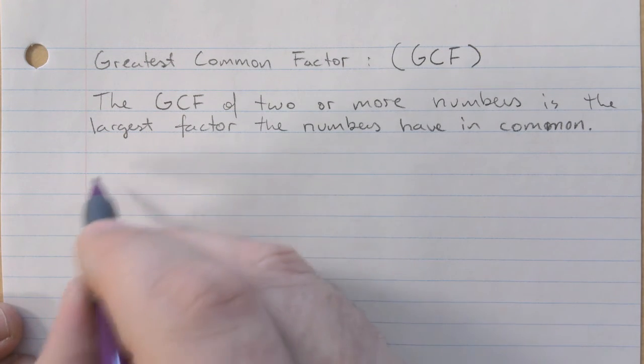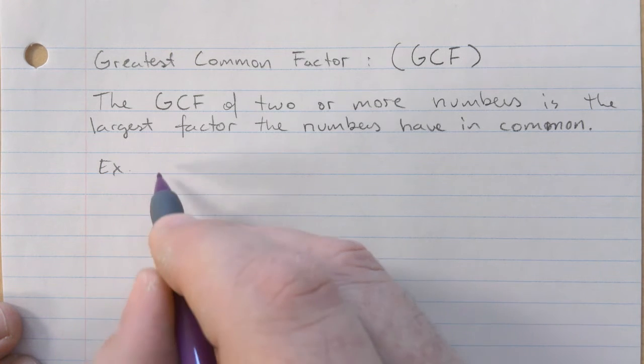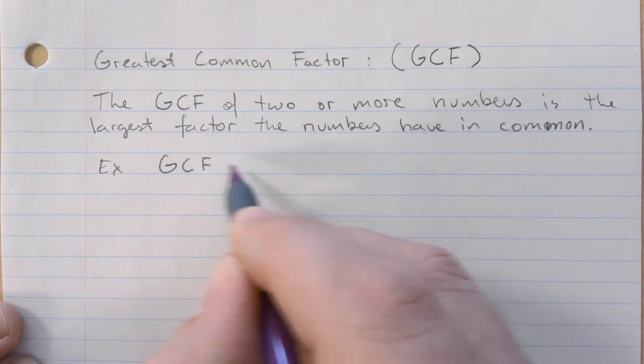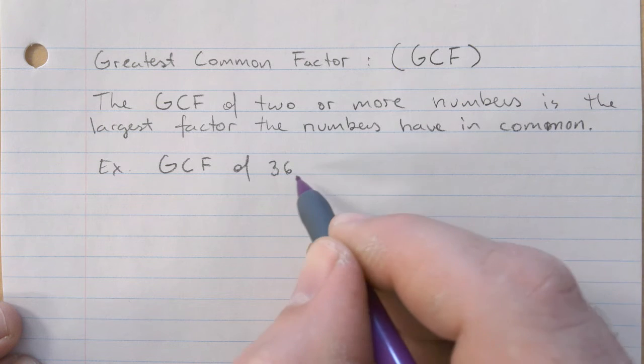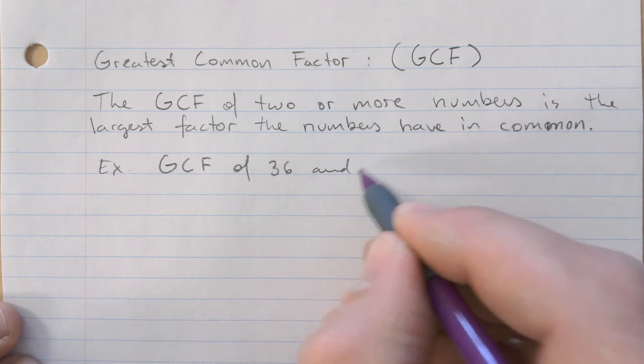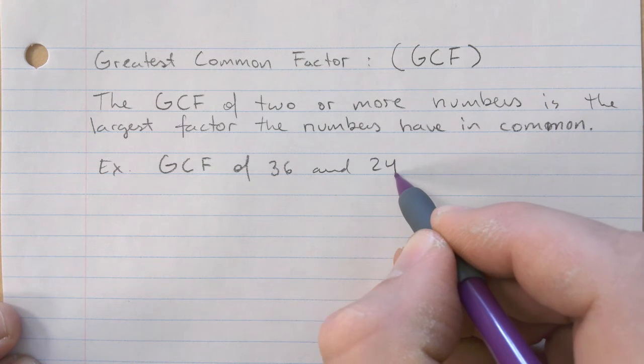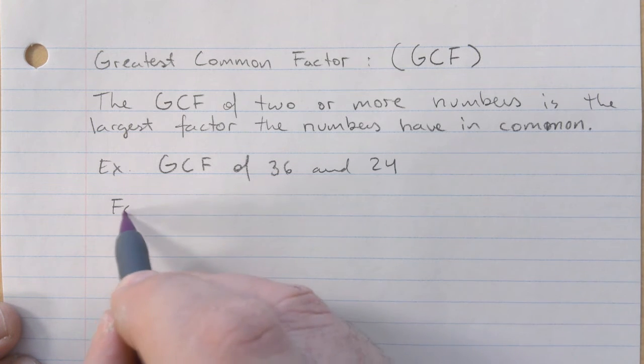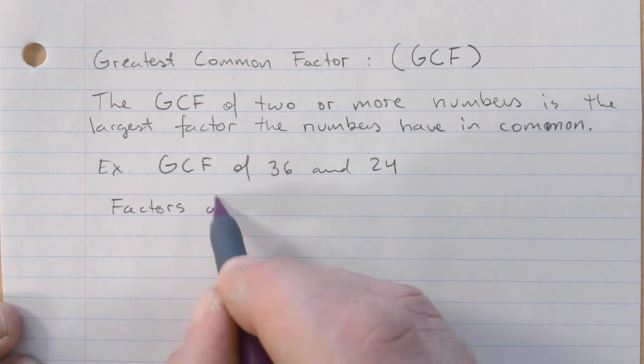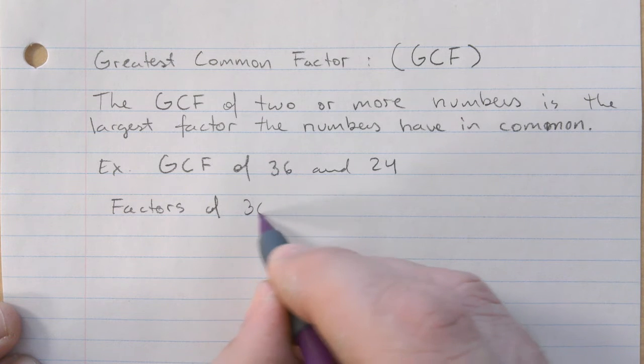Okay, example, GCF of 36 and 24. Factors of 36.